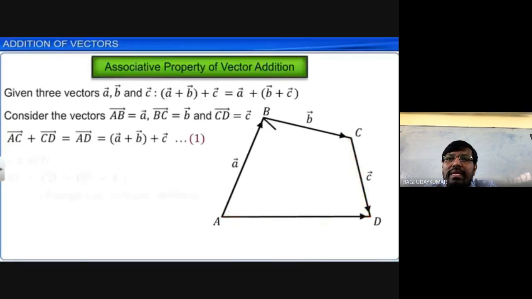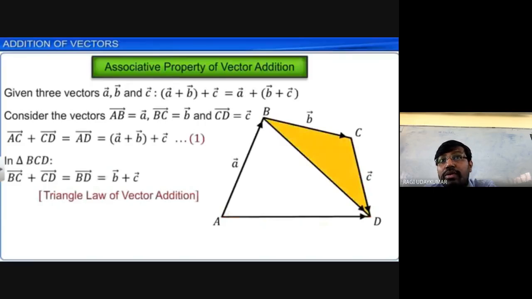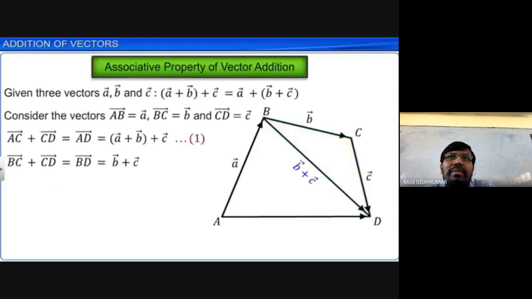So keep the same thing aside, and now take the triangle BCD. Here BD can be written as b bar plus c bar. B to C, C to D. Green color and red color will give you the blue color vector. So b bar plus c bar.